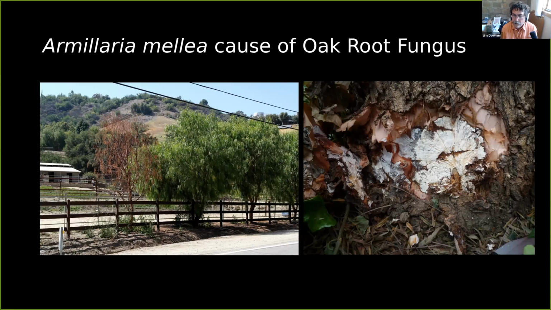There are different species and what mycologists call biological species in the Armillaria genome. And it's actually under a lot of changes and names are changing. So right now, Armillaria mellea is a good name that describes a lot of the oak root fungus we see in landscapes around the Western United States and probably other places too.